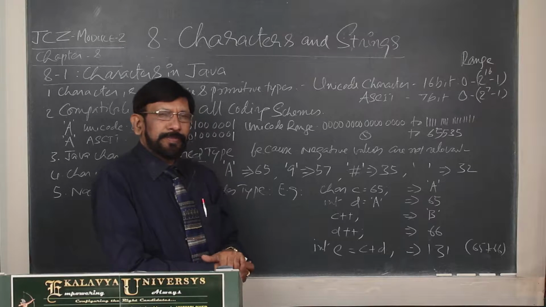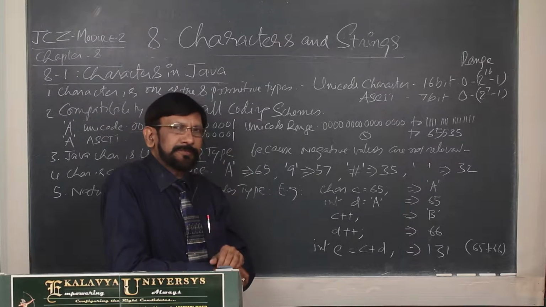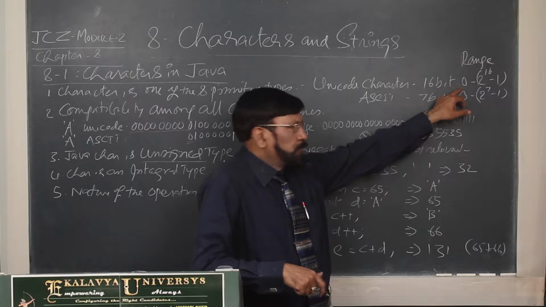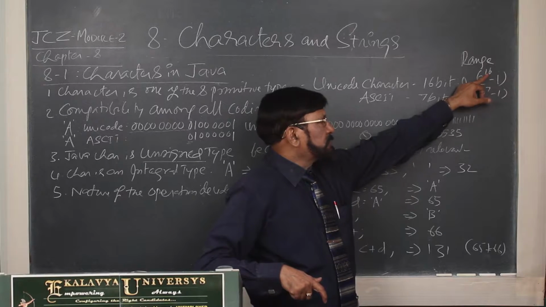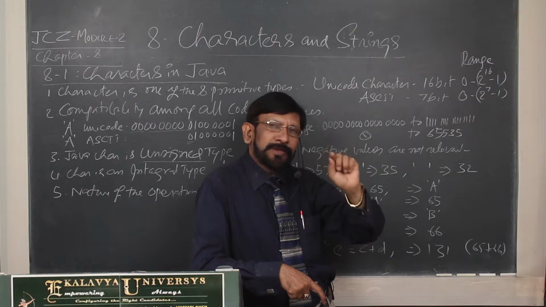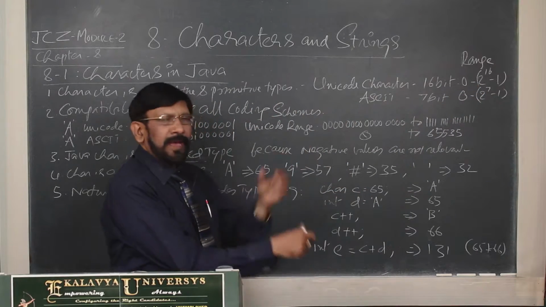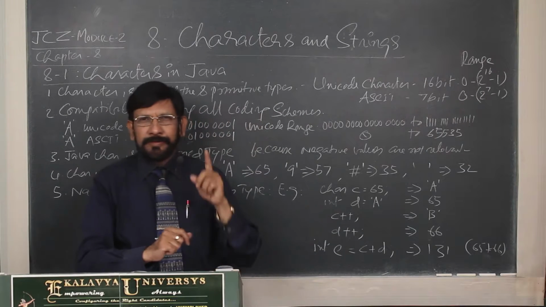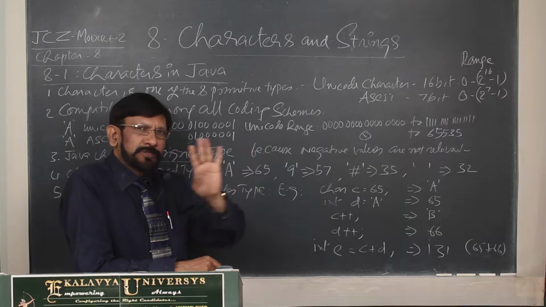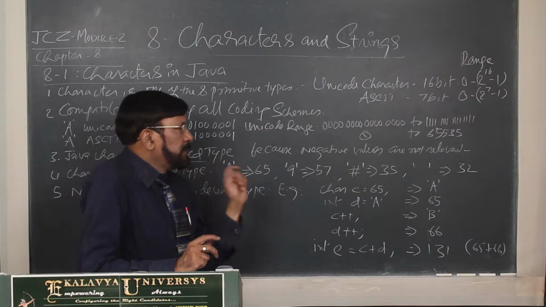Unicode character size is 2 bytes, which means 16 bits. Its range starts from 0 to 2 to the power of 16 minus 1, whose value is 65,535. Whereas ASCII actually takes 1 byte, but in fact it uses only 7 bits, not 8 bits.